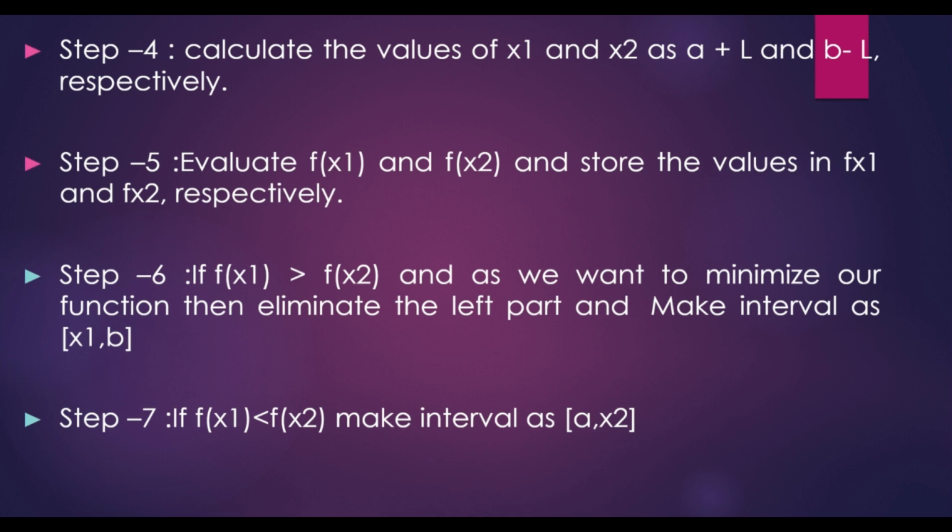Evaluate f(x1) and f(x2) and store the values. Now we'll compare the values f(x1) and f(x2). If f(x1) is greater than f(x2), then we'll make the interval as (x1, b). Or if f(x2) is greater than f(x1), then we'll make the interval as (a, x2).